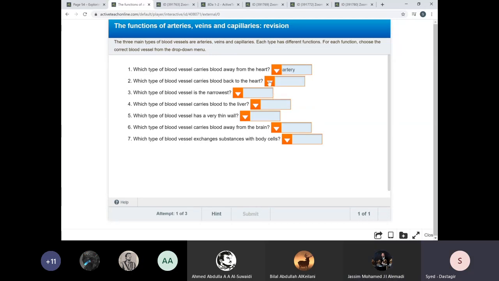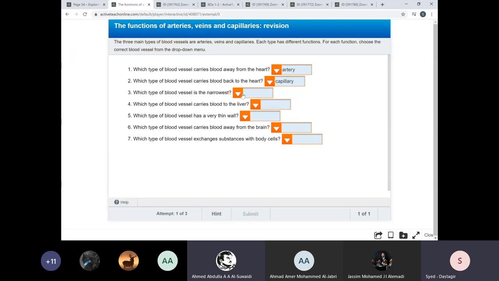Could I ask Ahmed, please? Which type of blood vessel carries blood back to the heart? I think capillary. Capillaries? Okay. Which type of blood vessel is the narrowest? First of all, what does narrowest mean?